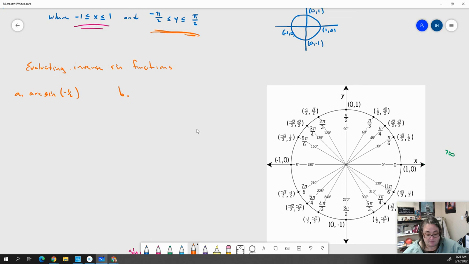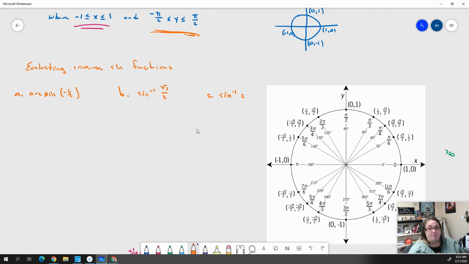And let's put B up here too, inverse sine of radical 3/2. And let's go with C, inverse sine of 2. Whether I write it as arc sine or sine with that little -1, they both mean the same thing. They're just asking for the inverse sine.